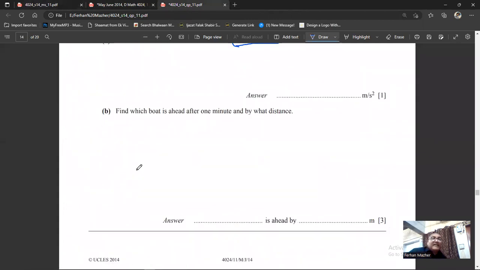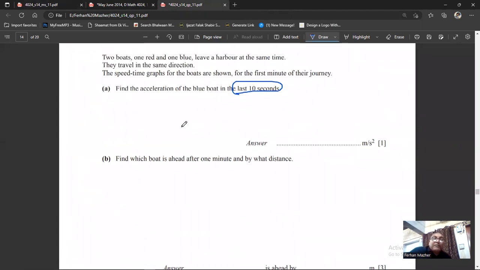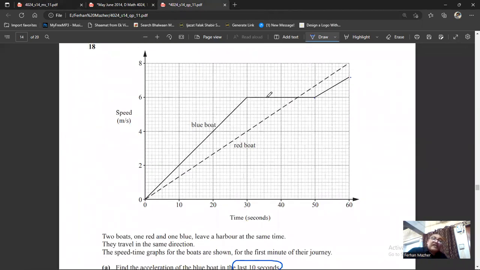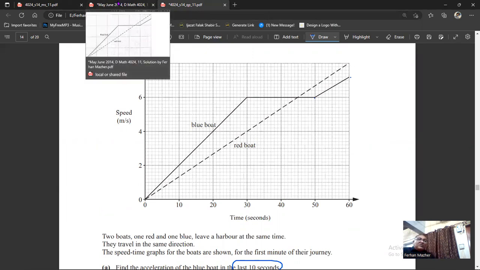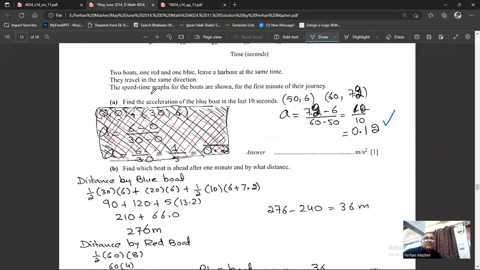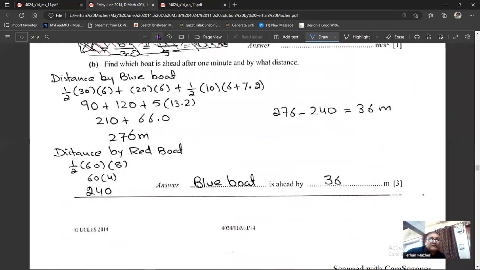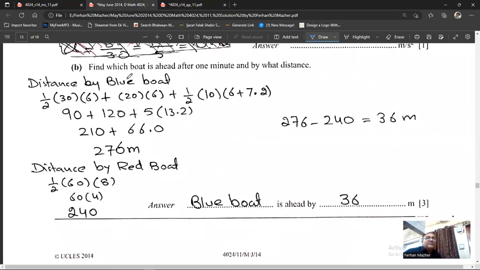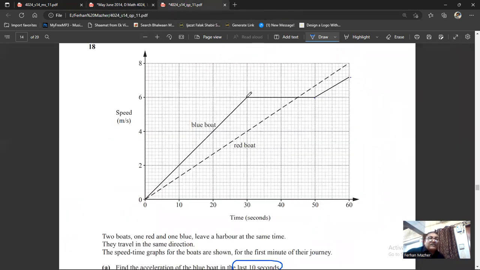Now, B part. It says find which boat is ahead after 1 minute and by what distance. So find the area under the speed time graph of the blue boat and find the area under the graph of the red boat. And then we will see who has covered more distance. So simple method. So here we go. So distance by the blue boat, I will divide that into different portions.